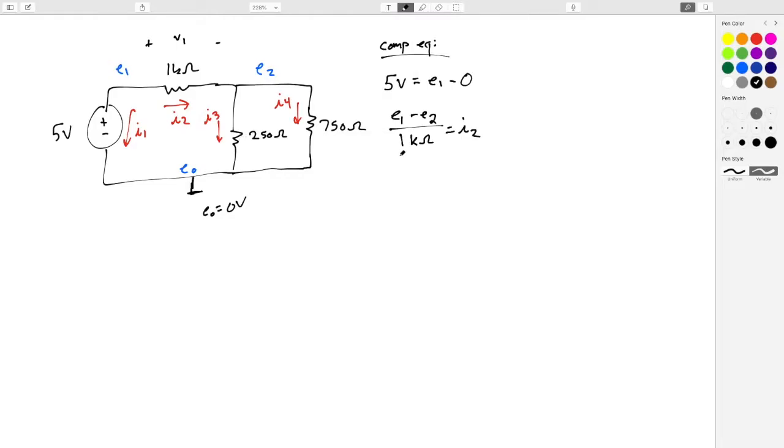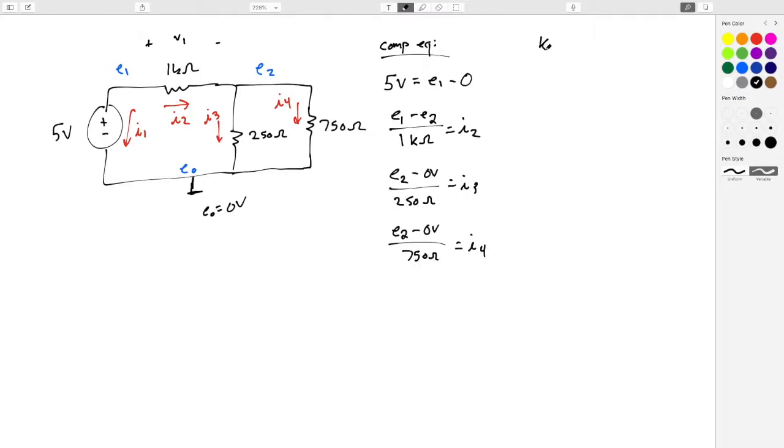Our 250 ohm resistor, we can do the same thing. E2 minus 0, since E0 is 0, I'm not even going to write that, but I'll put it there for clarity. E2 minus 0 over 250 ohms equals I3. And then finally, for our 750 ohm resistor, it's going to be E2 minus 0 volts over 750 ohms equals I4.